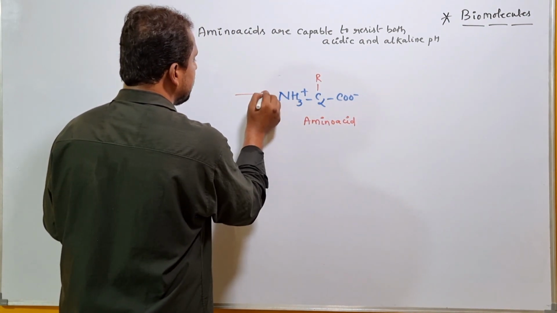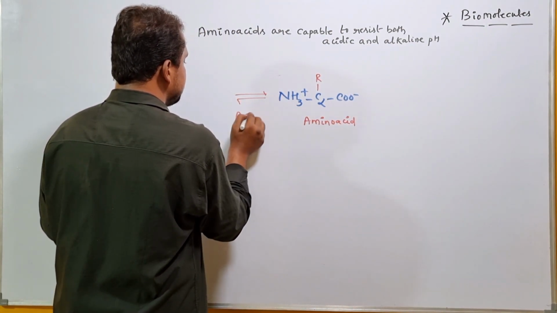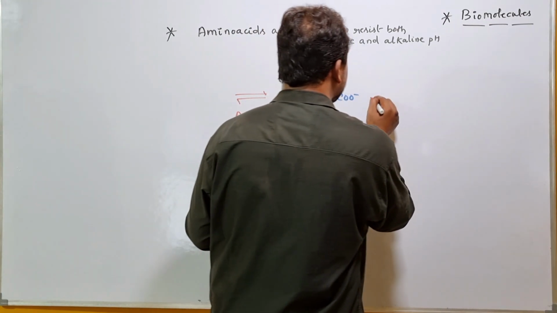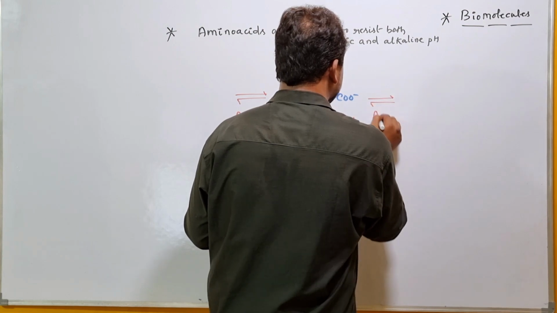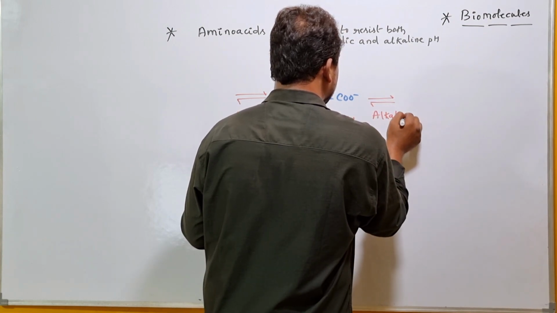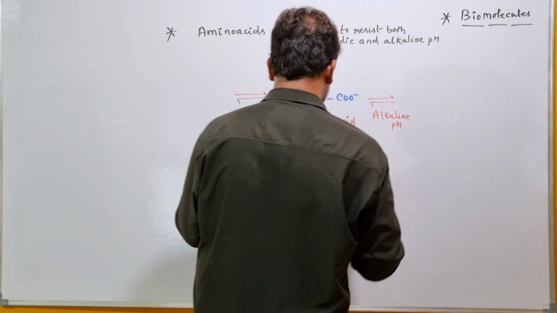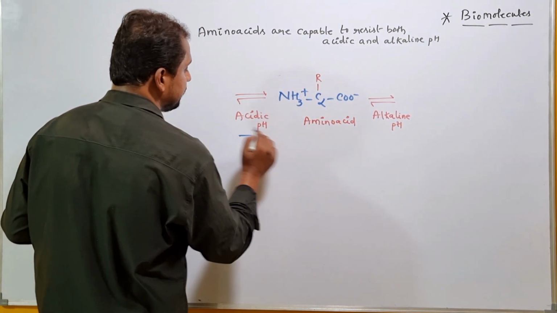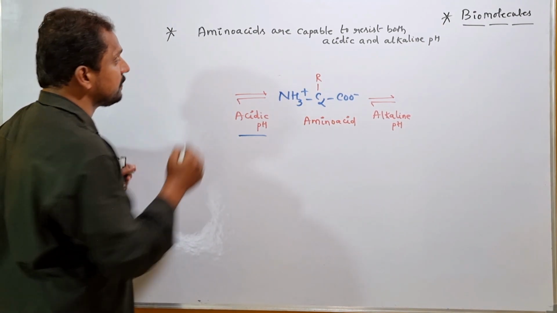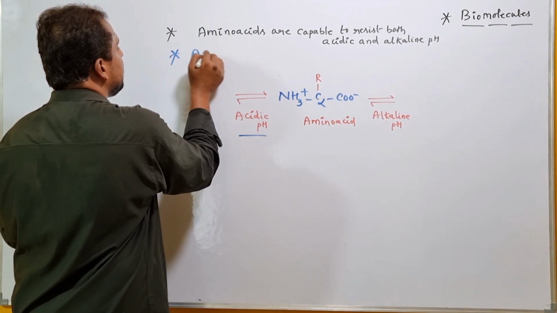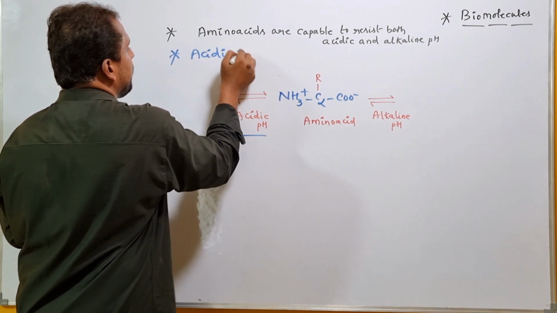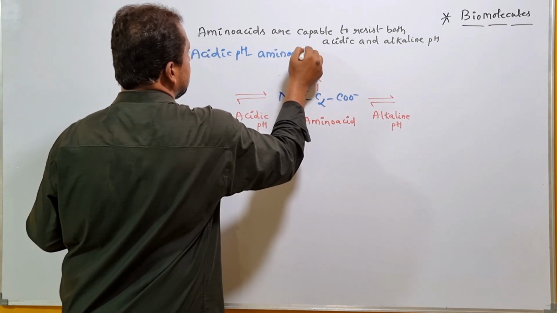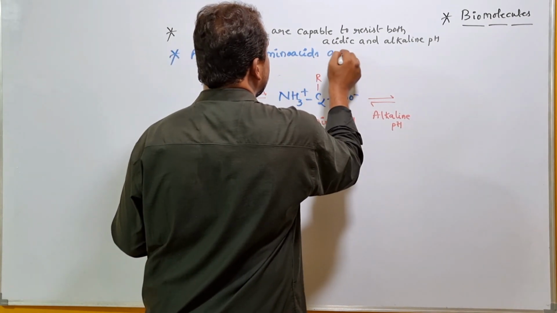Here it is nothing but the presence of acidic pH, and here it is alkaline pH. In the presence of acidic pH, amino acids act as proton acceptor.